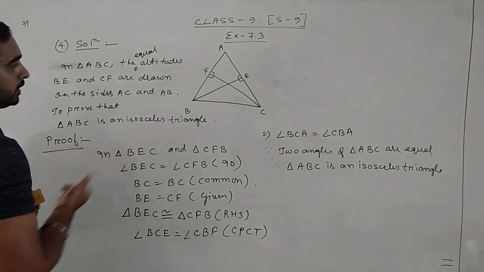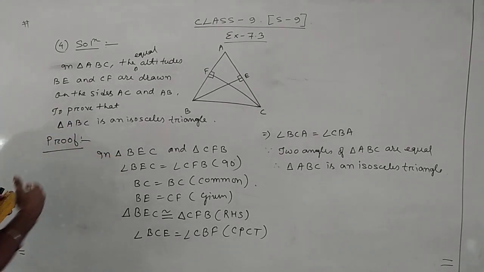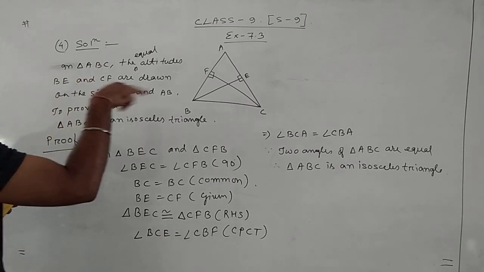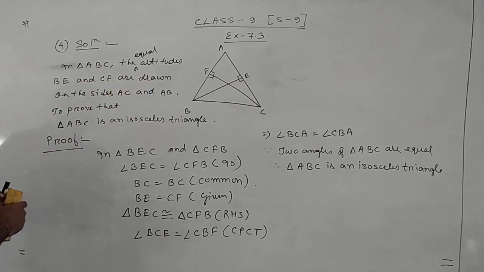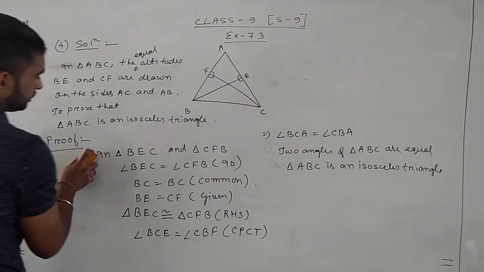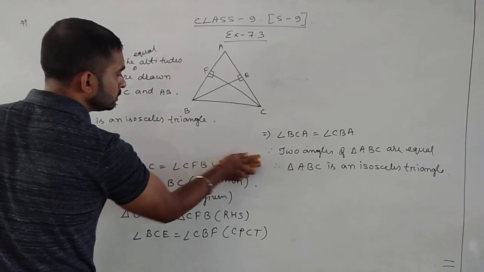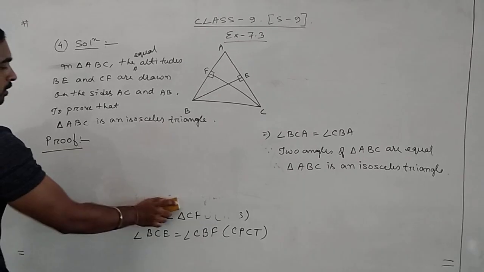Second method, there is another method by which you can show that this triangle is also an isosceles triangle. Let me show you that method also.